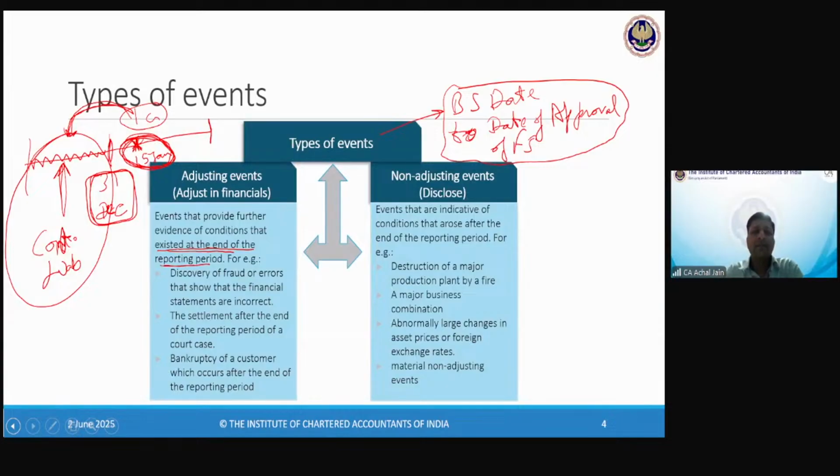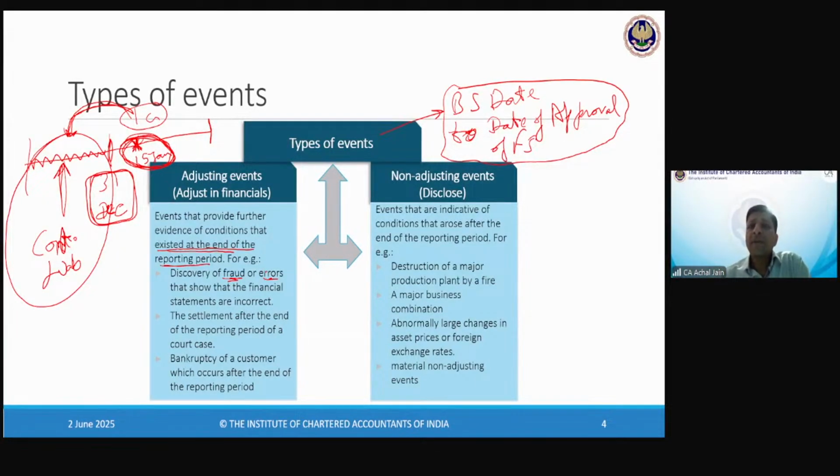All right. Now, let's look at some more examples. For the adjusting events only. Let's suppose there's a fraud or some error which was there in the reporting year or even the years prior to the reporting year, and the management gets to know about those errors or fraud after the balance sheet date, but before the financial statements are authorized for issue.